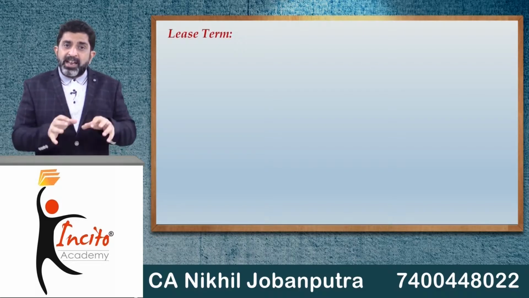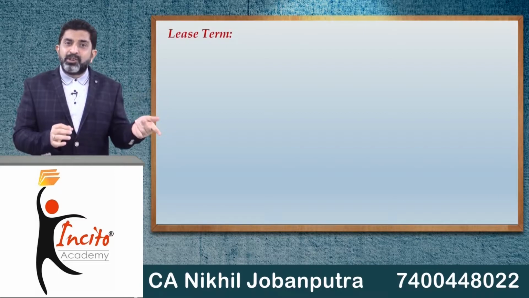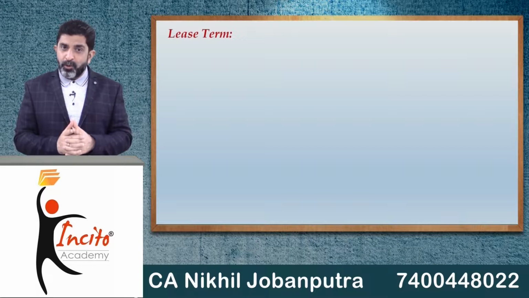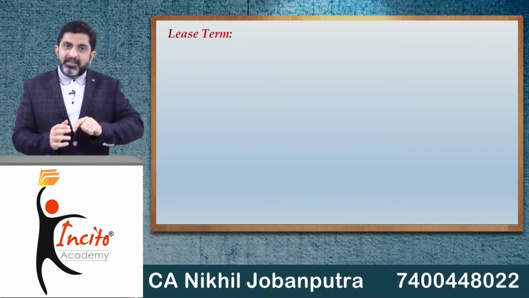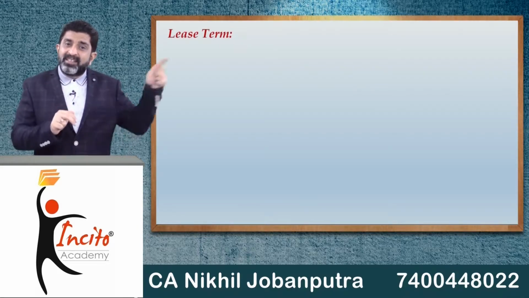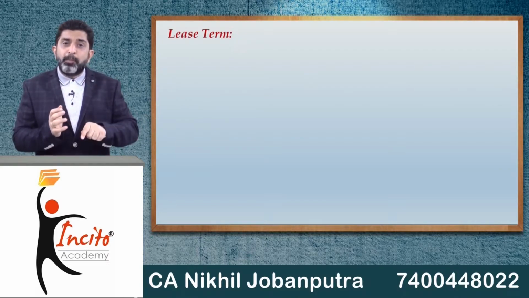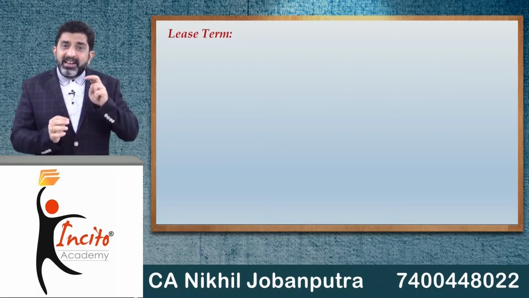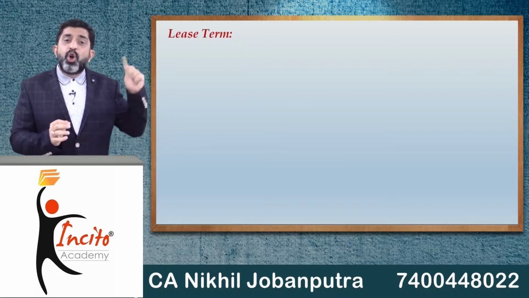However, if there is reasonable certainty that the lessee will exercise the termination option, then you should not include those later 4 years. So, with respect to the extension option, at the commencement date, there should be reasonable certainty that the lessee will exercise the extension option.